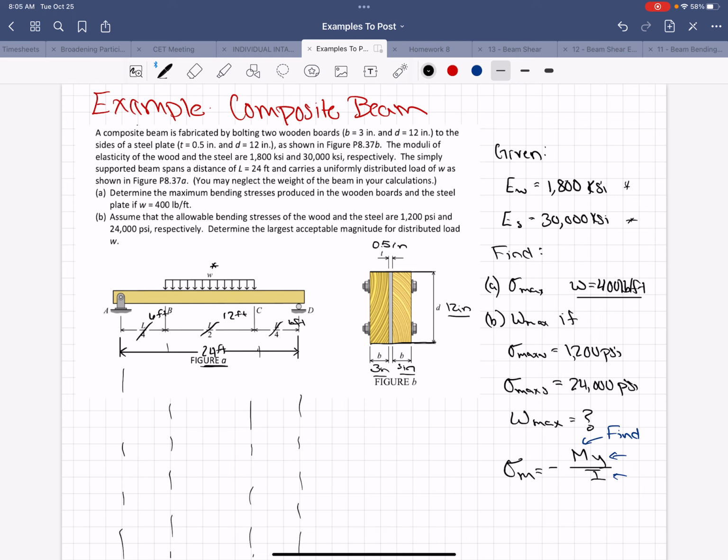So our free body diagram of this beam would have a vertical reaction at A. A is a pin, but there's nothing going on in the x direction, so we'll leave the x support off.